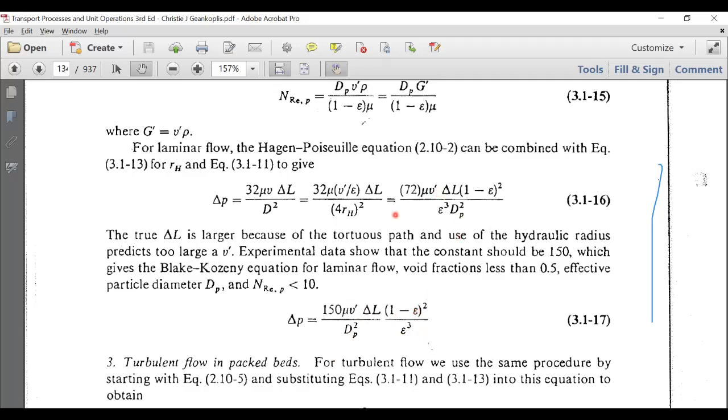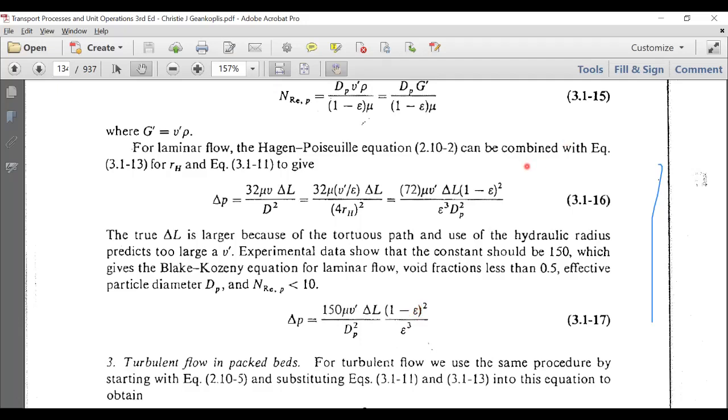This one is also valid only if the flow is in laminar flow. It's only valid for laminar flow, but the other one has an additional requisite, which is that epsilon is less than 0.5.